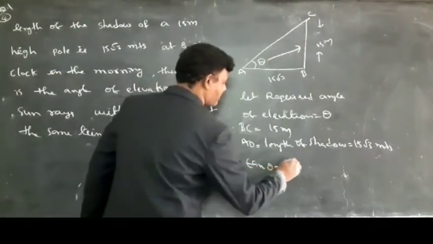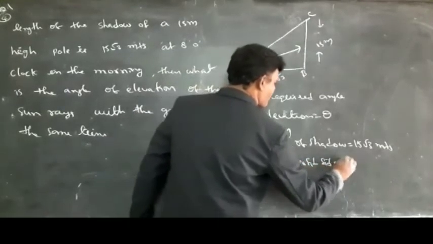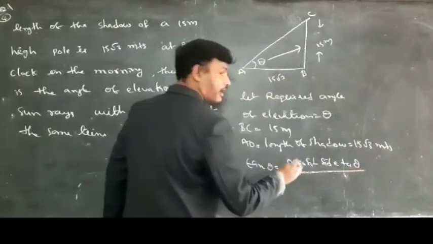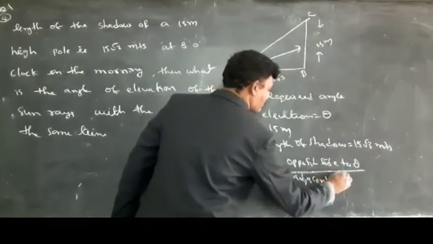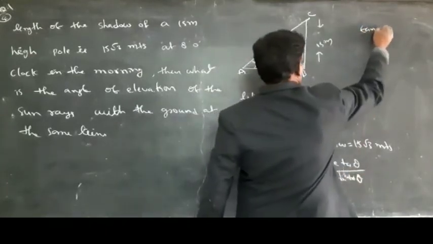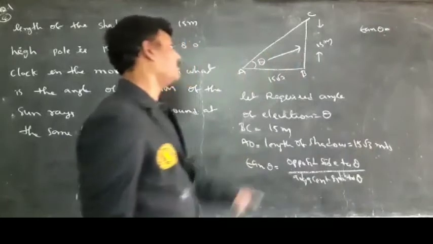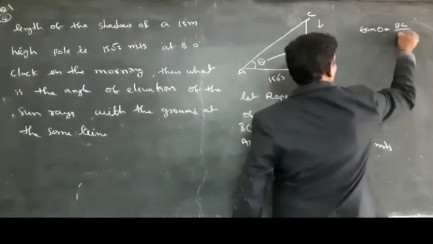Tan theta is equal to opposite side to theta by adjacent side. Therefore, tan theta is equal to BC by AB.